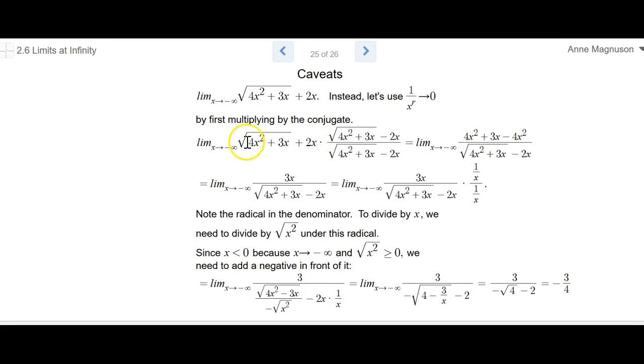So as is often the case when you have a radical plus another term, we are going to multiply by the conjugate. So we're going to multiply by 1 in the form of the numerator and the denominator of a function being the conjugate of this expression that we're given.